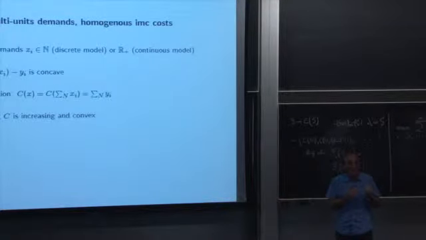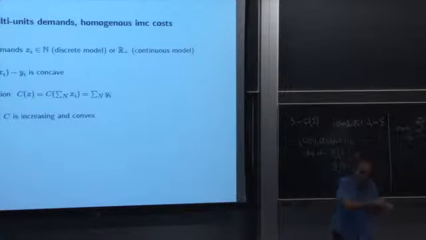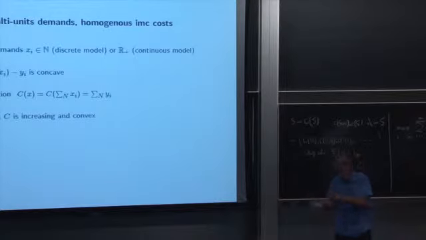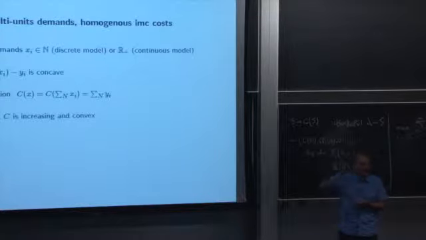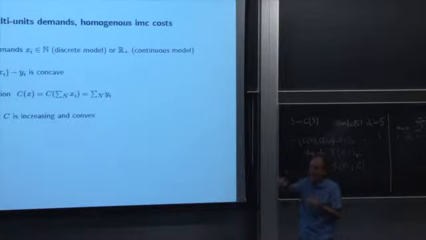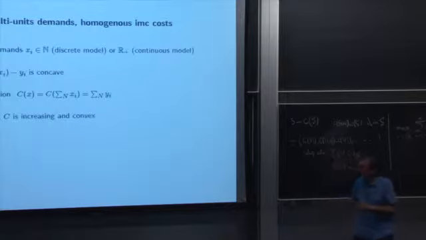The type of result I'm going to show is valid either when you assume increasing marginal cost or when you assume decreasing. Now suppose you have neither, where the marginal cost sometimes increases and sometimes decreases. I cannot say much at all.